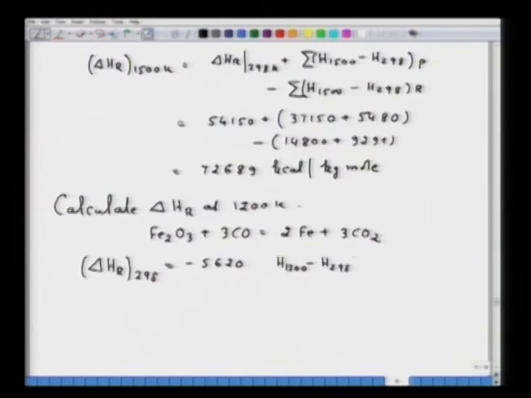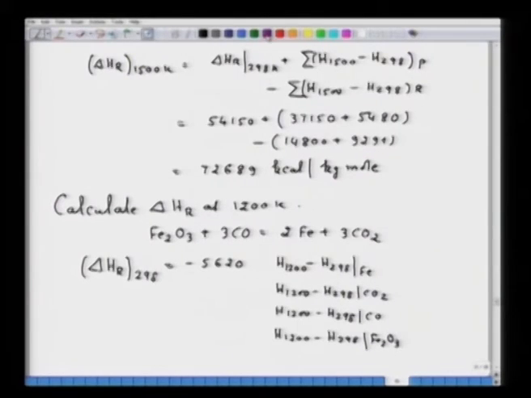You need it for iron, H 1200 minus H 298; for CO2, you also need H 1200 minus H 298; for carbon monoxide, H 1200 minus H 298; for Fe2O3.